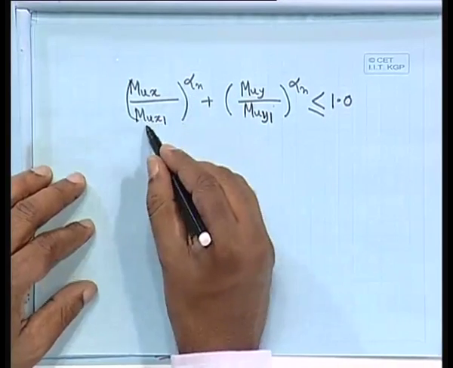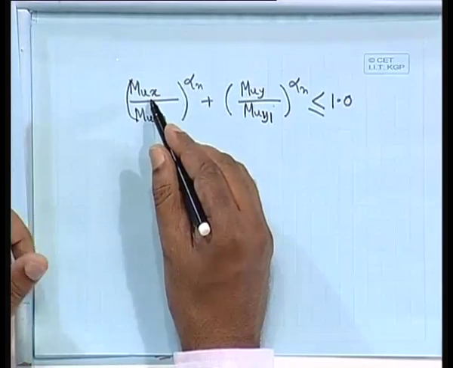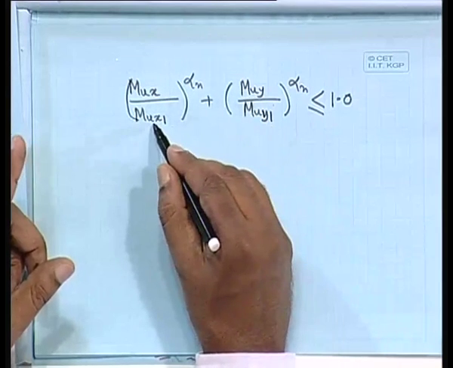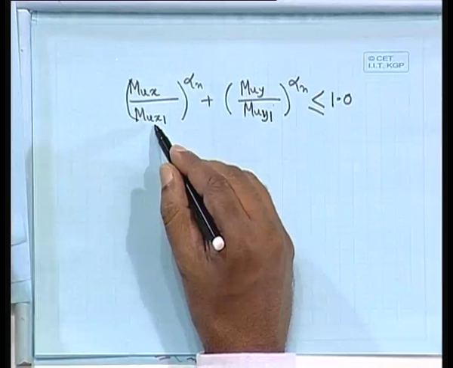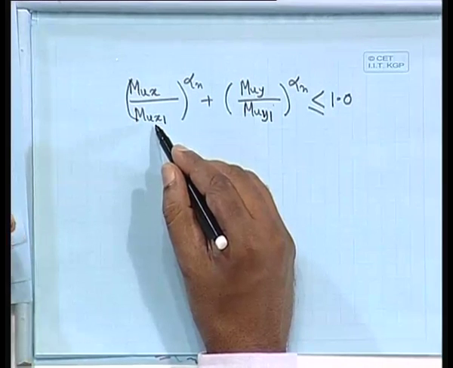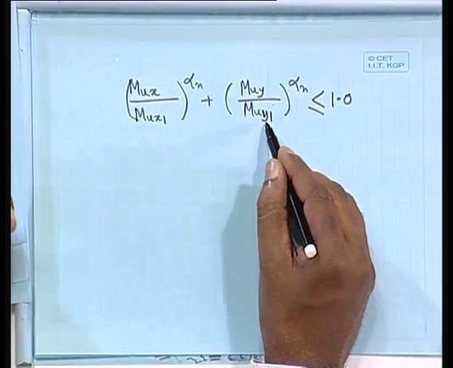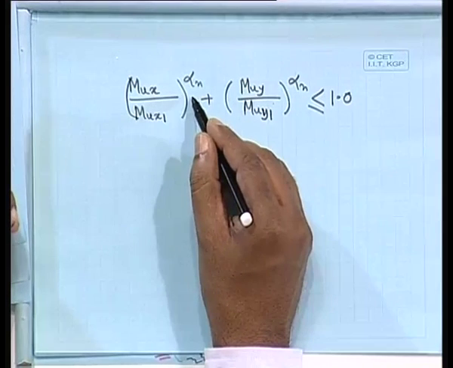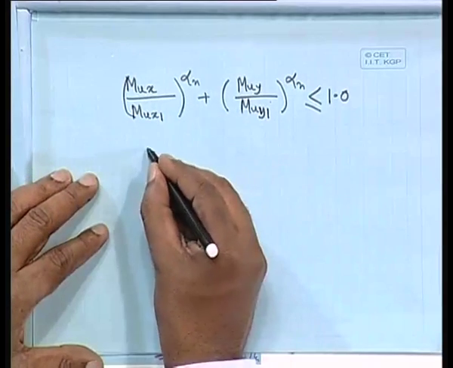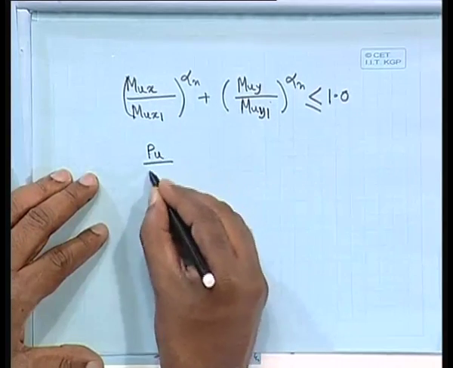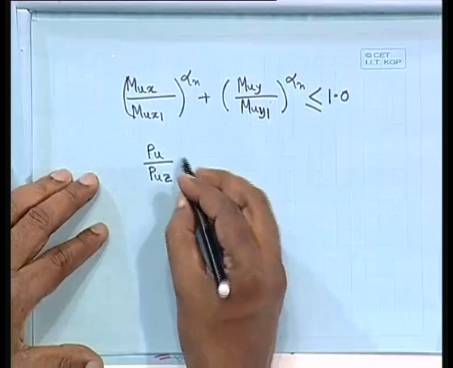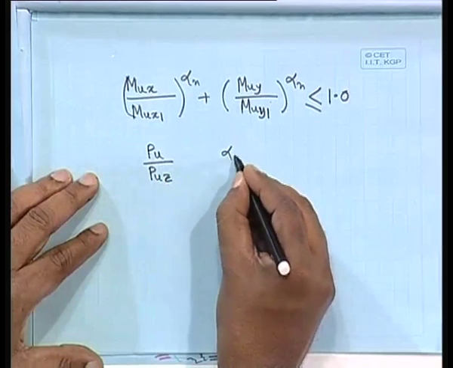What about this? I know Mux and Muy, for which I have to design, and I have got Mux1 and Muy1 from the proper chart with d dash by D and fy. But I do not know alpha n. What is alpha n? Alpha n is dependent on Pu by Puz. I have already computed Puz. So, Pu by Puz and alpha n.